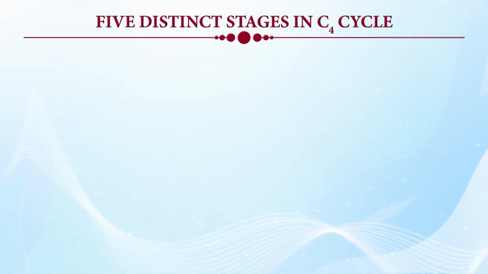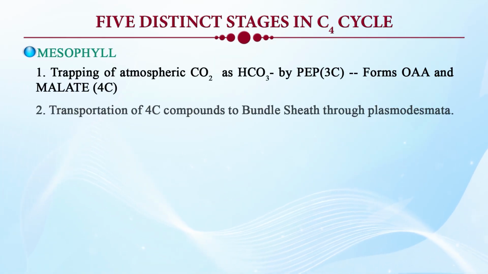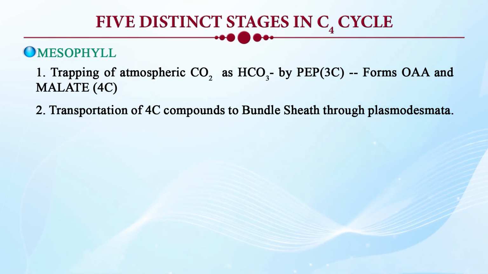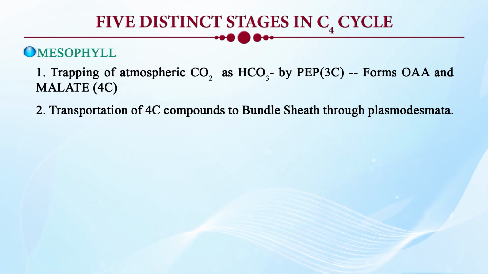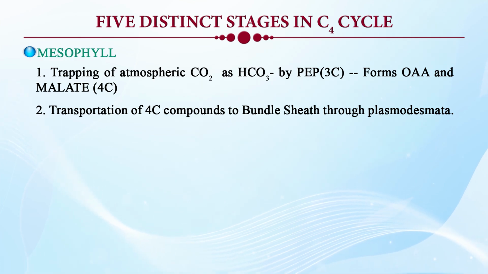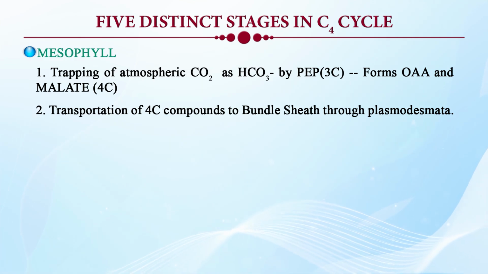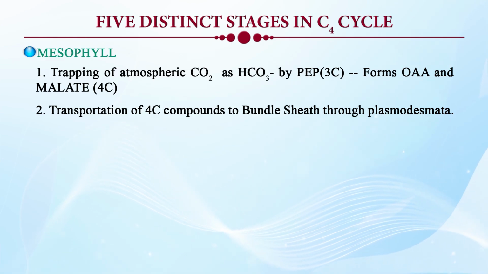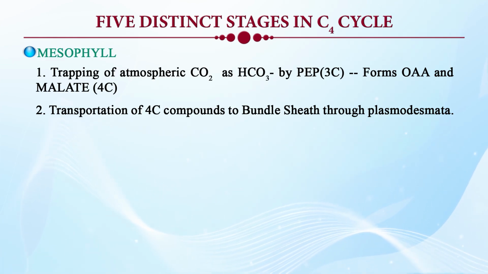Number 1, in the mesophyll, the story begins because something additional has to take place in addition to the conventional Calvin cycle in order to concentrate, in other words, more and more CO2 in a concentrated manner has to be fetched, trapped and channelized to Rubisco in the cells of the bundle sheath.